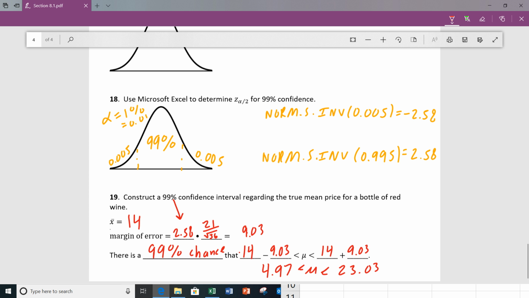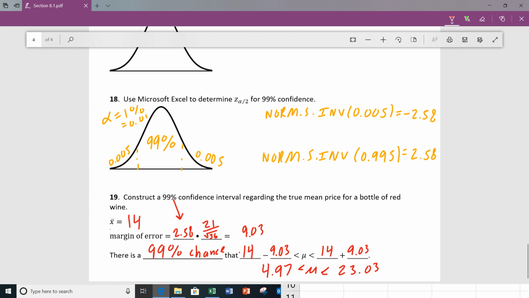Hopefully it's working. If it's not working, I'll throw. Please do your best on these typing problems. Just go straight.